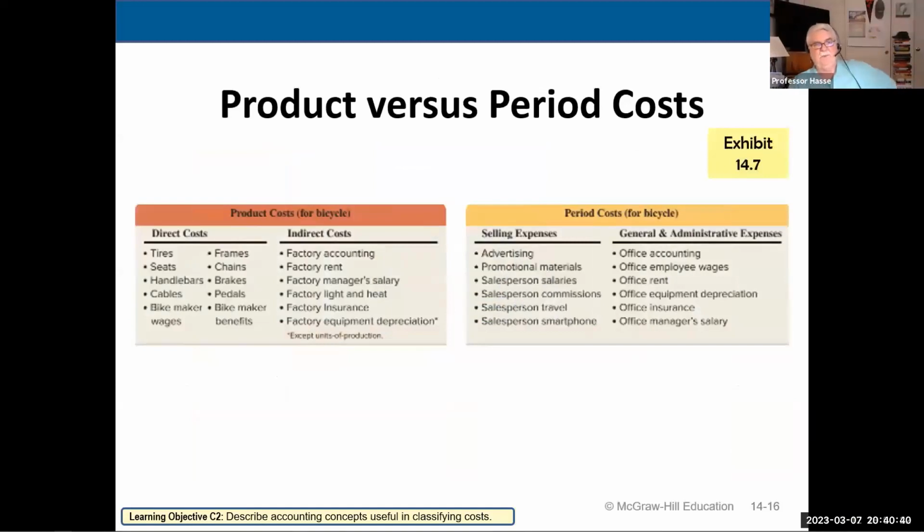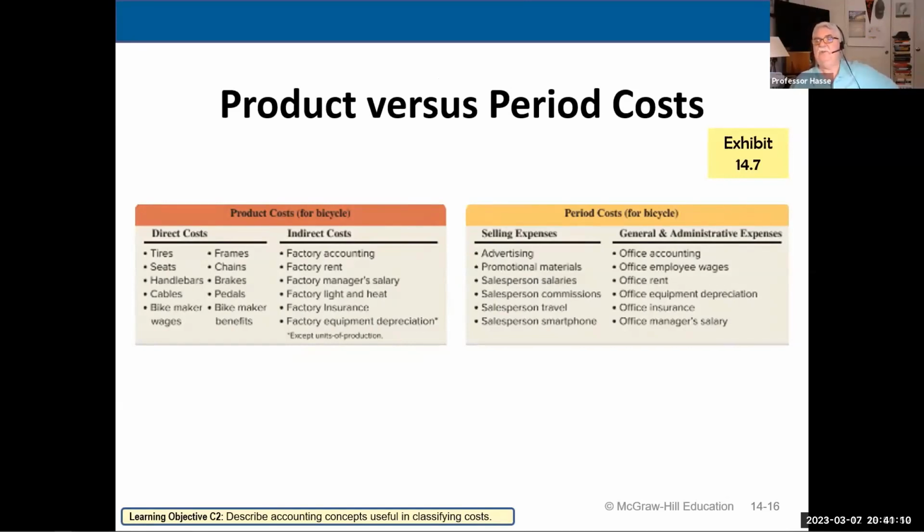This is taken right out of the textbook, a great example of what a product cost is and what a period cost is. Notice period costs: advertising, salespeople, accounting costs, office employees, rent for the office, back office costs. Where product costs are the materials, the labor, the factory overhead, factory insurance, factory depreciation.